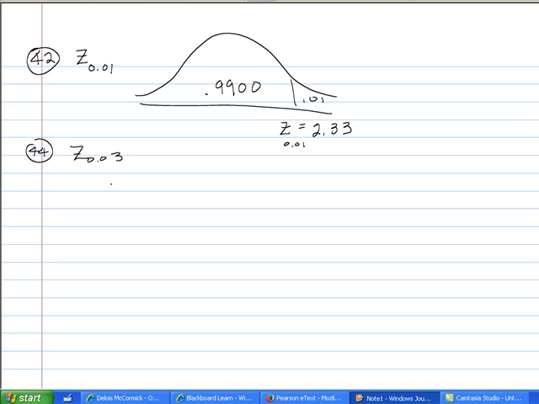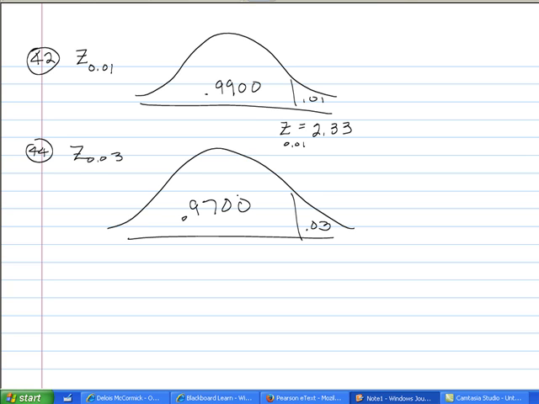Okay, we have 0.9699 is the closest one. So that is 1.88. Is what I found for 44.